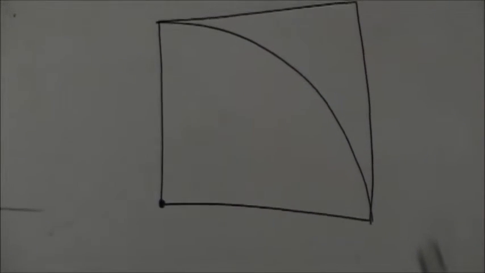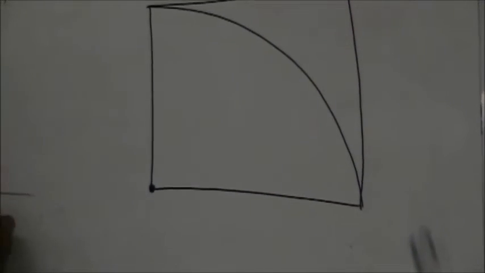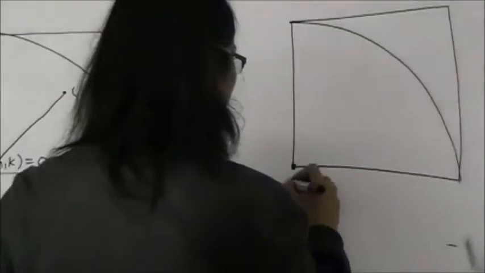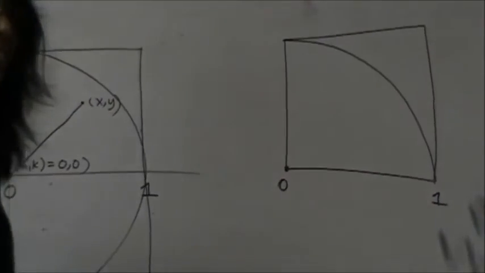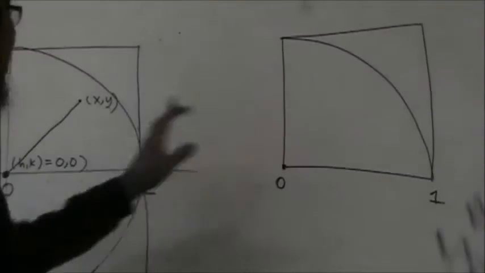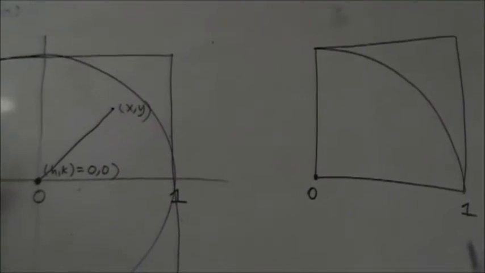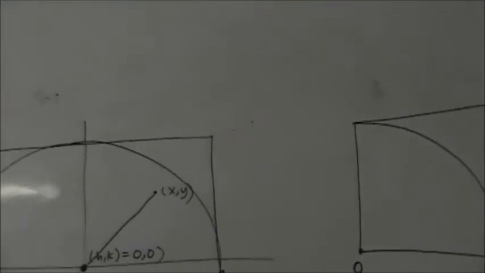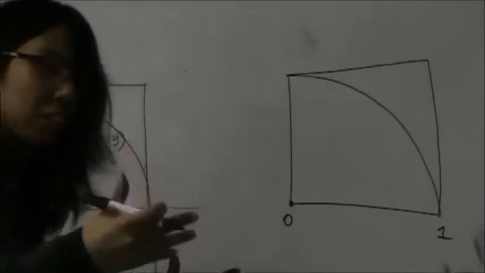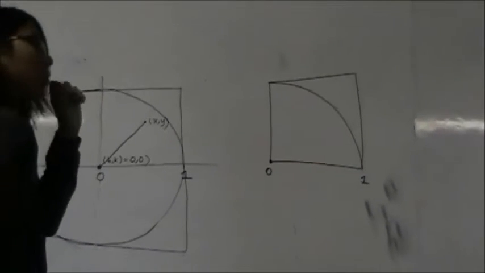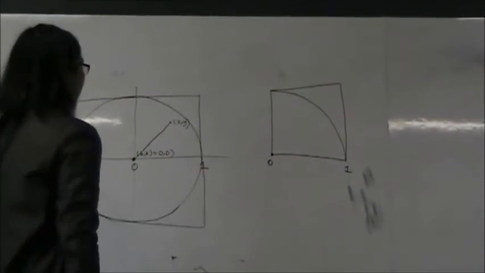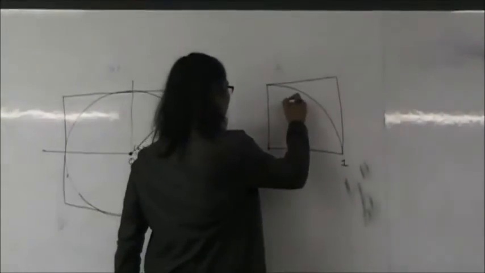So let's determine the radius. Maybe let's try 0, 1. And why is this okay? Because whenever I get the result here, I just multiply by 4. So that's what I'll do, to minimize the work that I need to do. And then we'll generate random points in here.